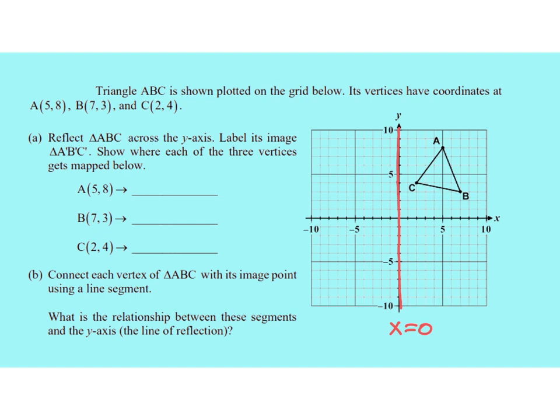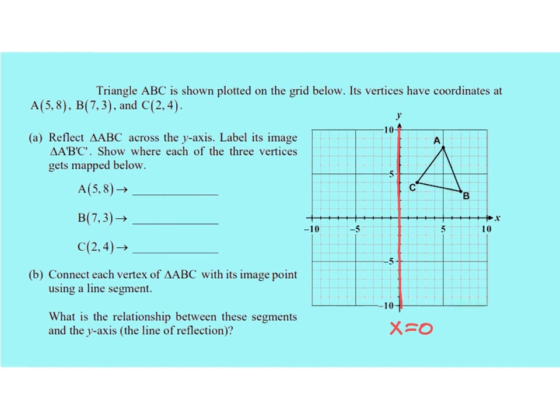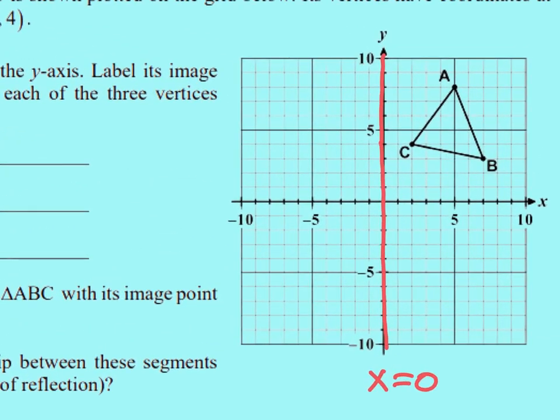So remember, when we reflect, we draw in equal numbers. So I'm going to go 2 in for C, and then 2 out will be C primed. 5 in for A, and 5 out will be A primed. And it looks to me like 7 in for B and 7 out.